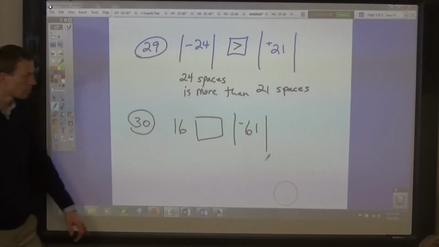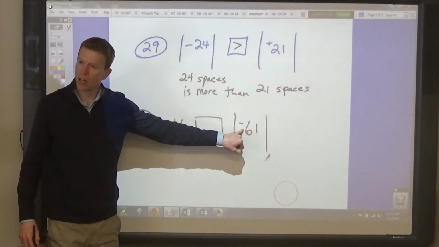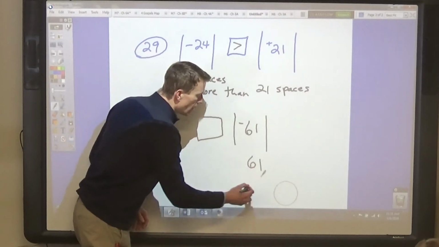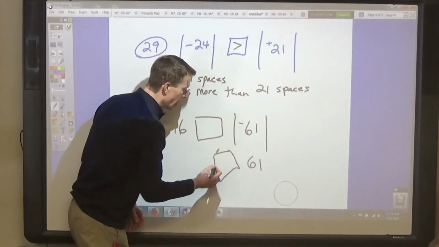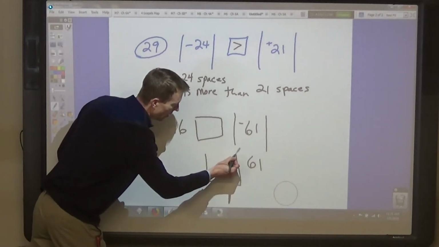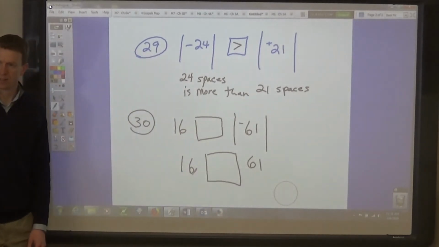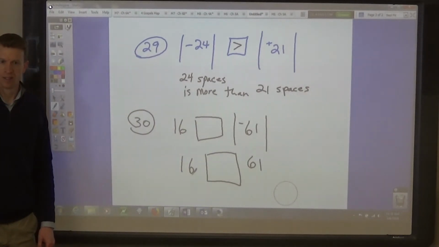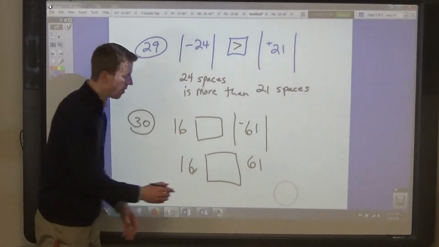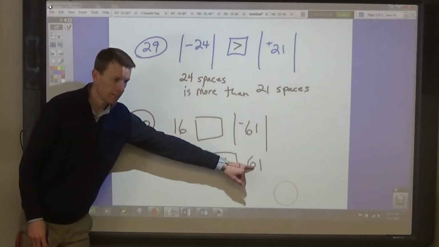Now, since the absolute value of negative 61 is 61, then this is really what you're comparing. And so then that's pretty simple, isn't it? 61 is greater than 16. 16 is less than 61.